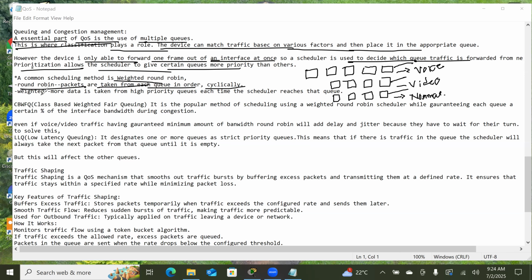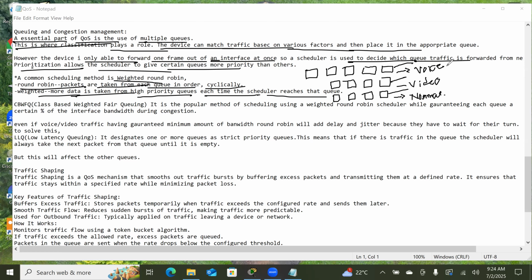Round robin means it takes one packet from each queue. But what do you mean by weighted? Here, more data is taken from the highly prioritized queue each time the scheduler reaches that particular queue.